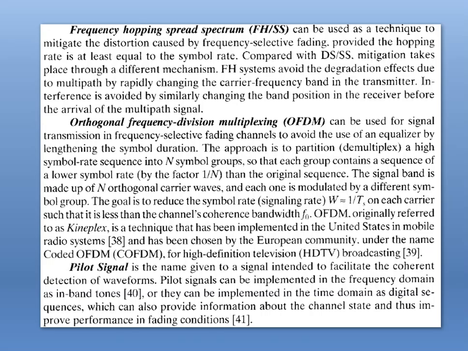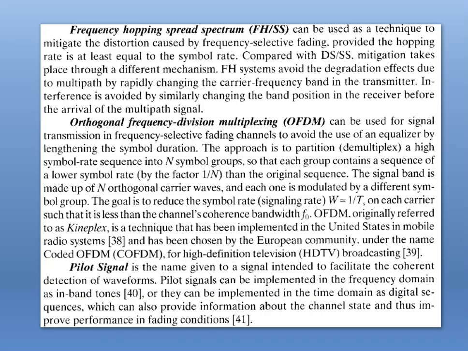A signal band is made up of N orthogonal carrier waves, and each one is modulated by a different symbol group. The goal is to reduce the symbol rate, that is W is approximately equal to 1/T, for each carrier such that it is less than the channel coherence bandwidth f0.